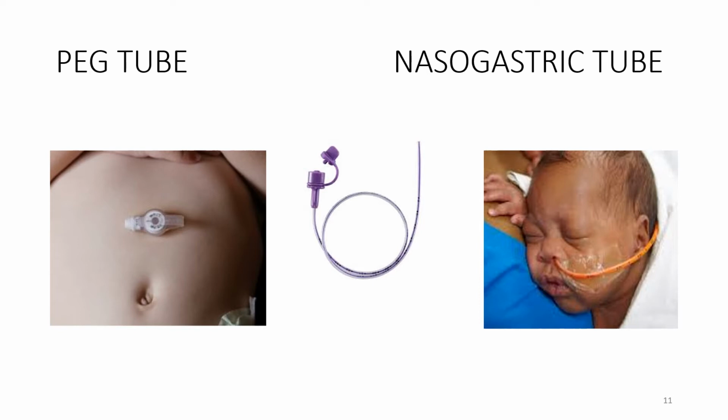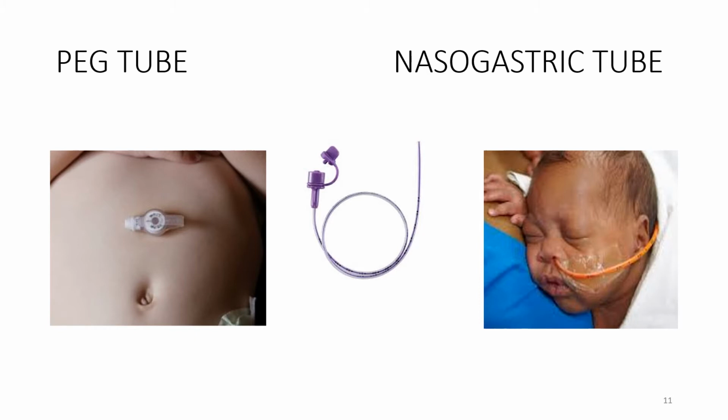Okay, so I just wanted you to get a visualization of those two, and then you can see better on the NG tube, the little plastic top. The PEG tube is kind of the clear plastic covering, but it is actually closing off that PEG tube so that none of the contents are just going to spew back out.